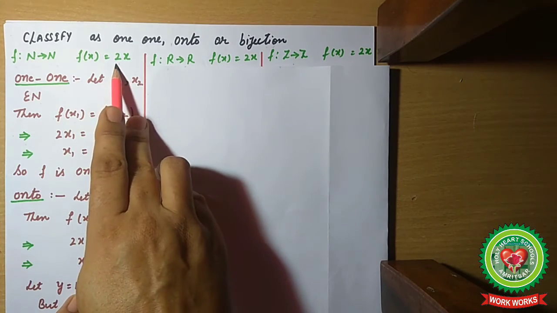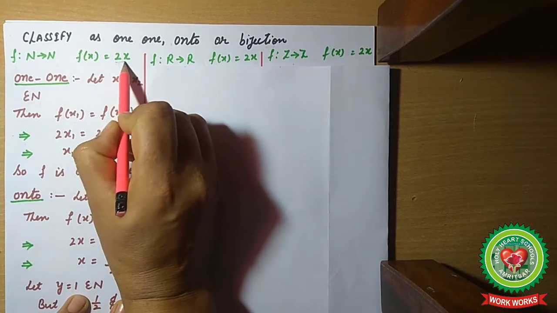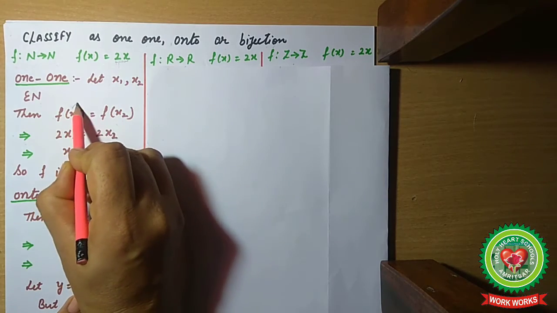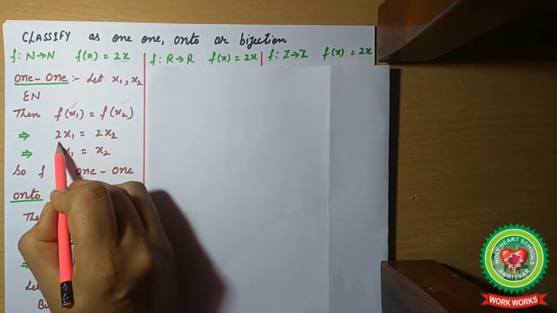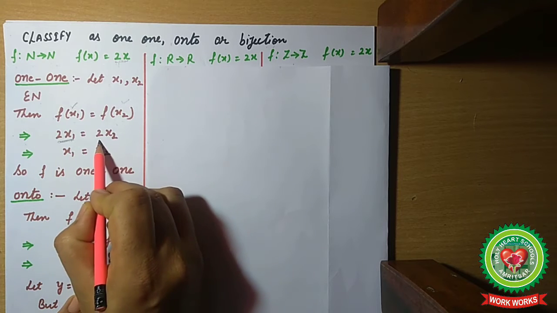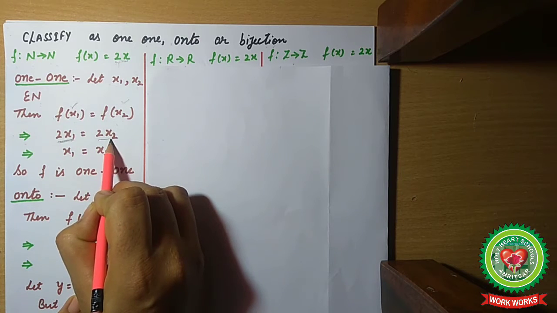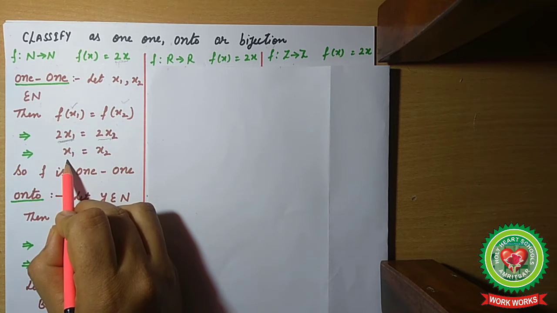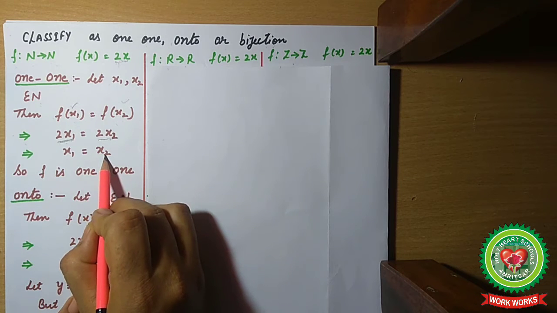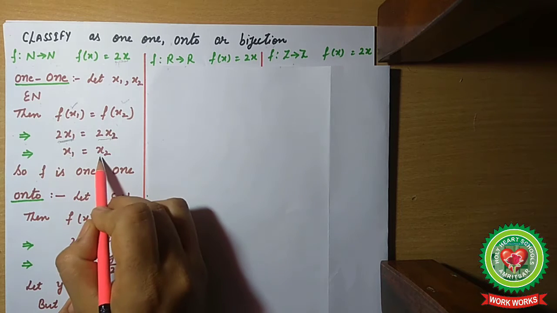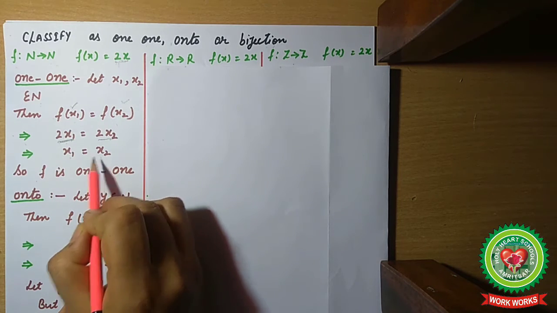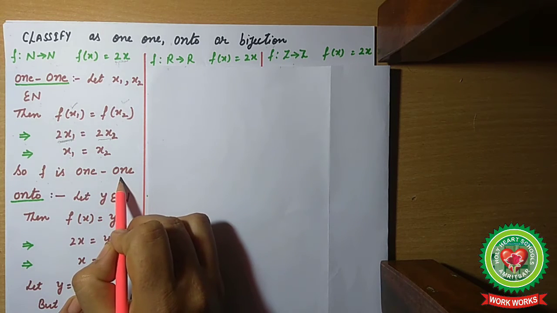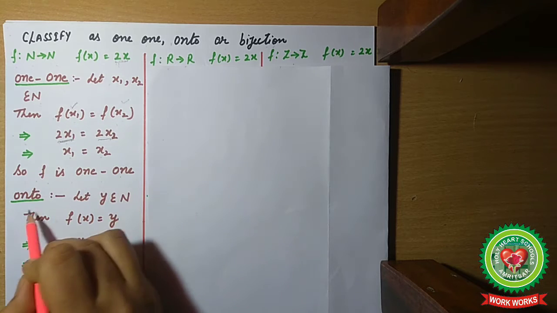The function here is 2x, so 2x1 = 2x2, which also means x1 = x2. So x1 and x2 both are natural numbers, so f is a one-one function.